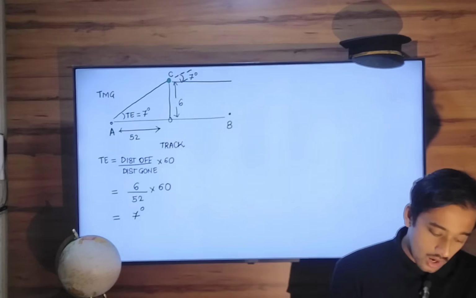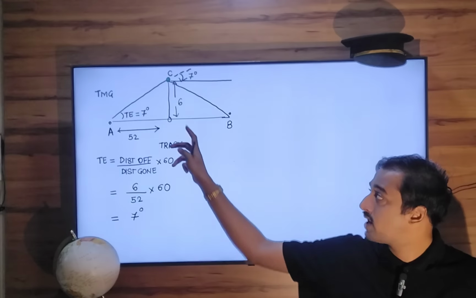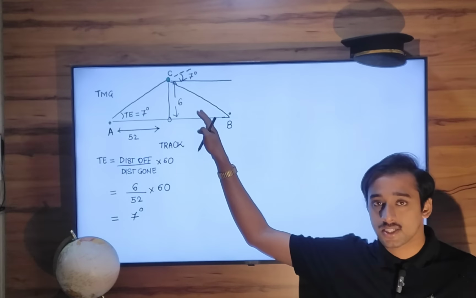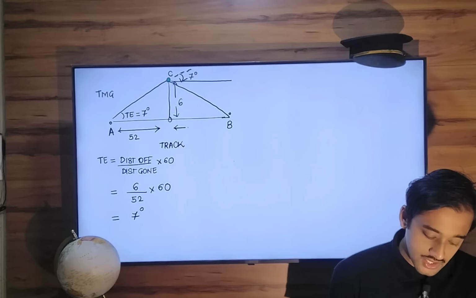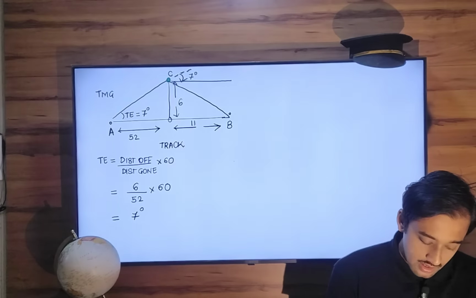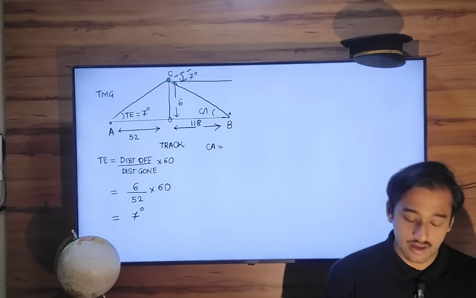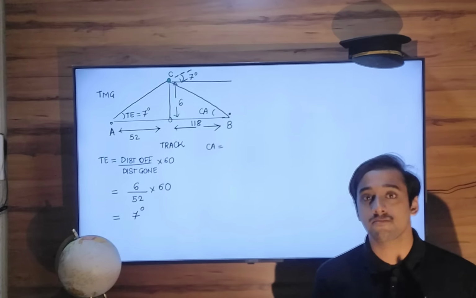So how much angular turn will that be? For that, you will have to focus your attention on this side of the triangle. What is the distance remaining to go to your destination? It is 118. So let's find the closing angle. This angle will be called the closing angle, which will close the error that you have made.